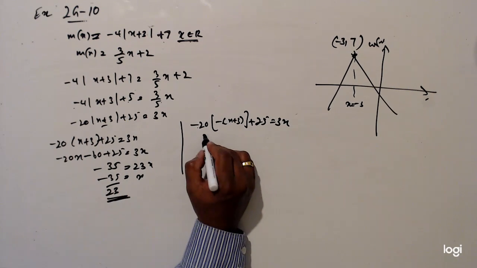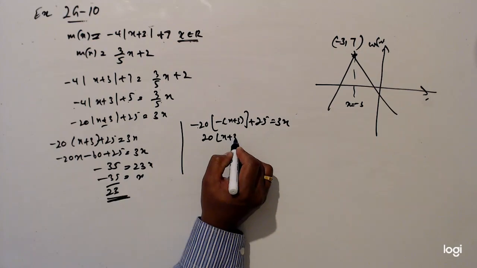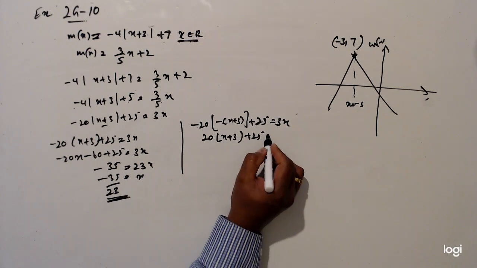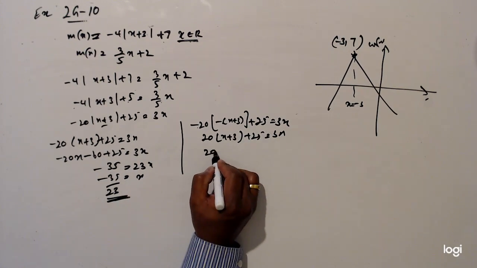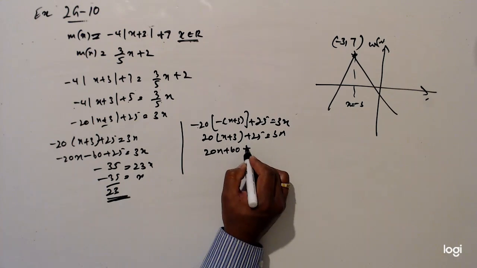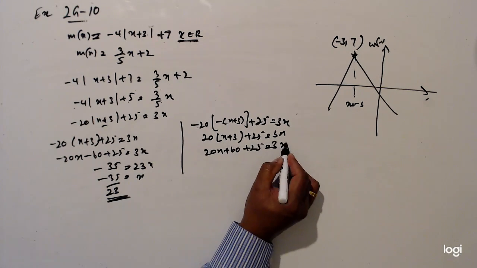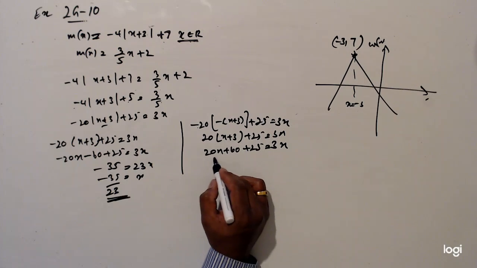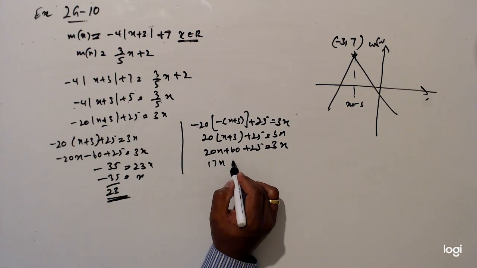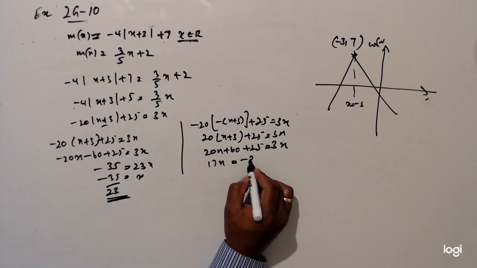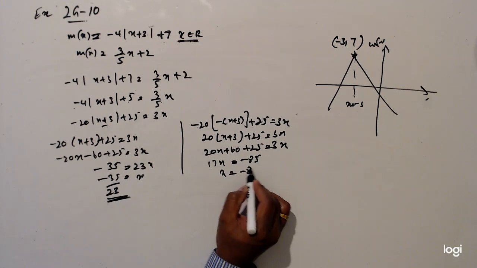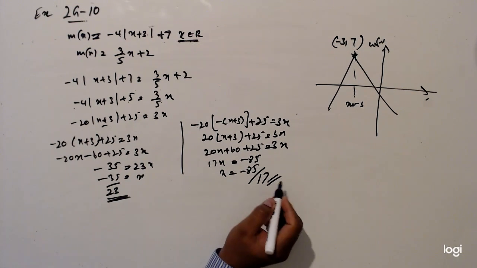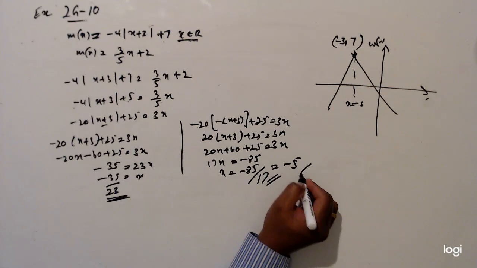For the other, this becomes positive: 20x plus 60 plus 25 equals 3x. So this is going to be 17x equals minus 85, x equals minus 85 over 17, which is minus 5.